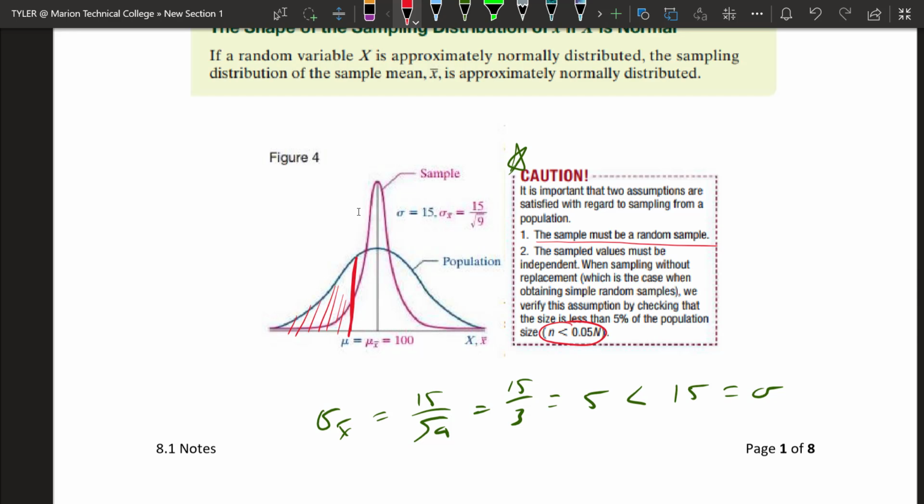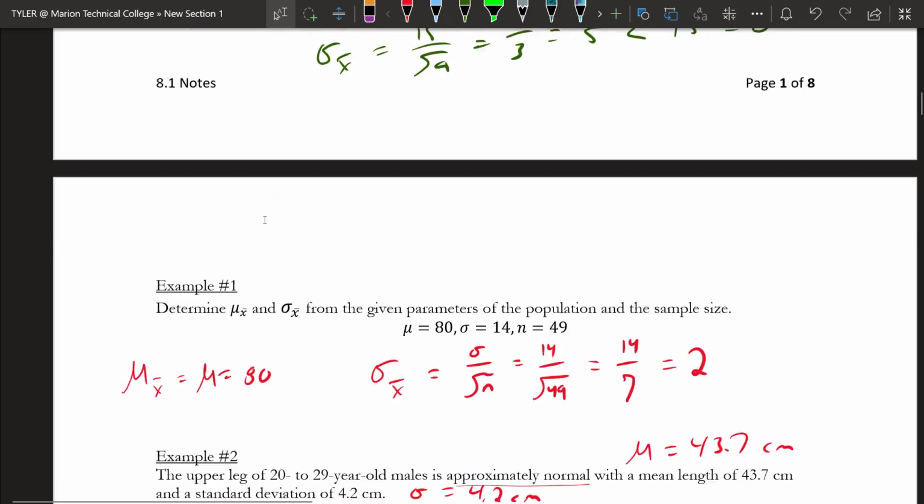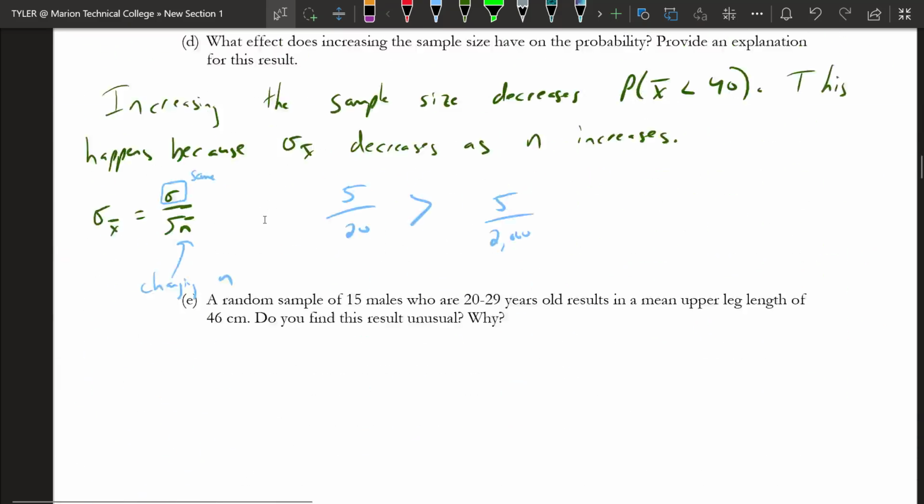Well, you can imagine that the area in the taller, skinnier curve is going to be a lot less than the area in the blue curve, because there's more area under the blue curve versus the pink. The area under the curve corresponds to the probability, so that means your probability is less. So that's the general idea with that question and why it works that way.